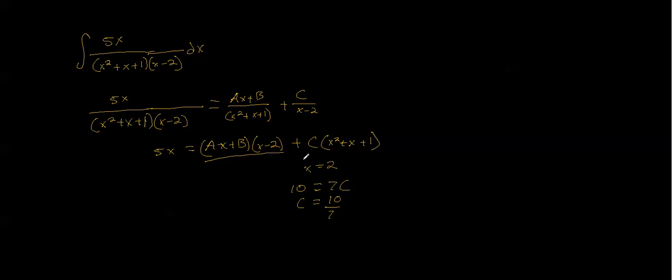And so now that we know c, we need to solve for a and b. In order to do this, we need to multiply all of this out. So when we multiply all this out, we are left with 5x equals ax squared minus 2ax plus bx minus 2b plus cx squared plus cx plus c.